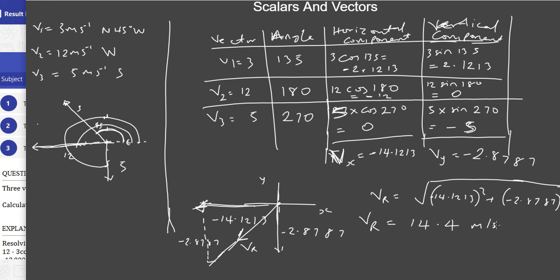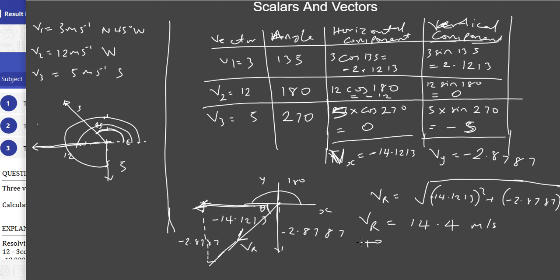But what about the direction? So how do we get the direction? You can get the direction as follows. The first thing you want to do is to get this inner angle, which is theta. Then you add it to this whole angle, which is 180. So to get the inner angle, you just know that this is opposite and this is adjacent.